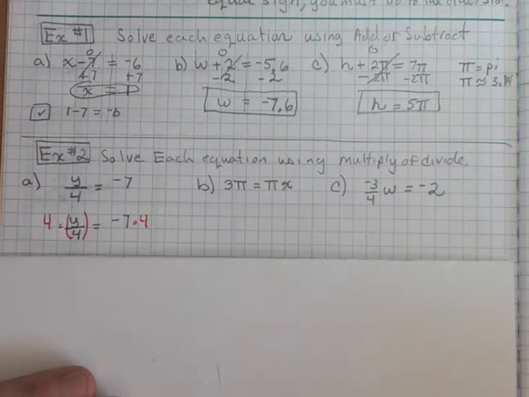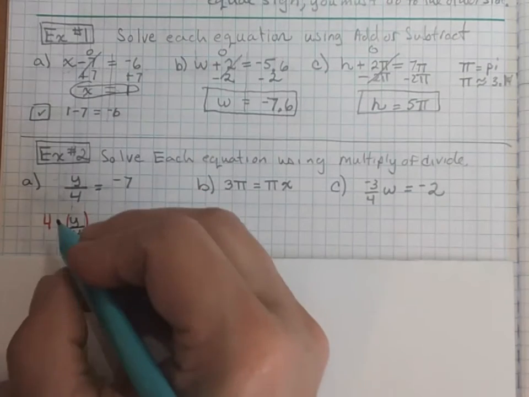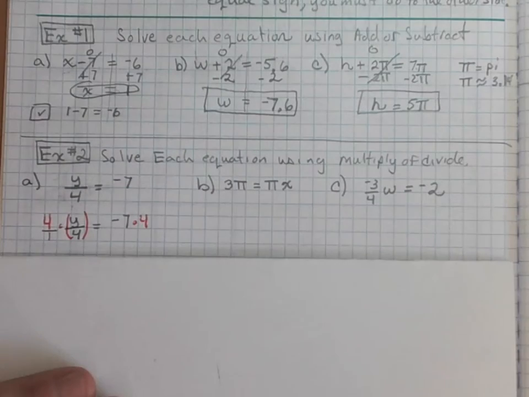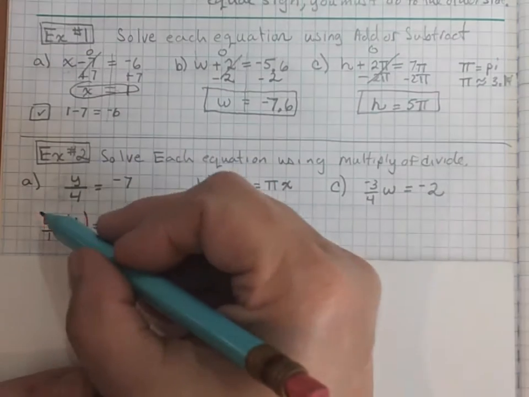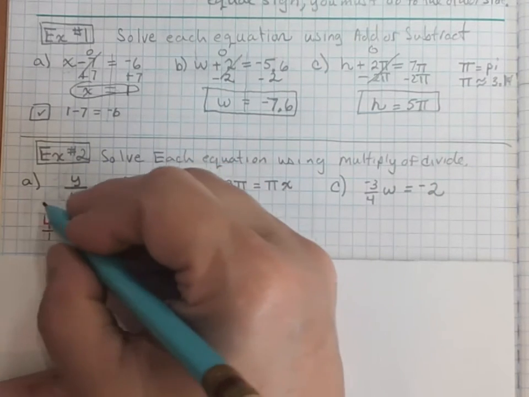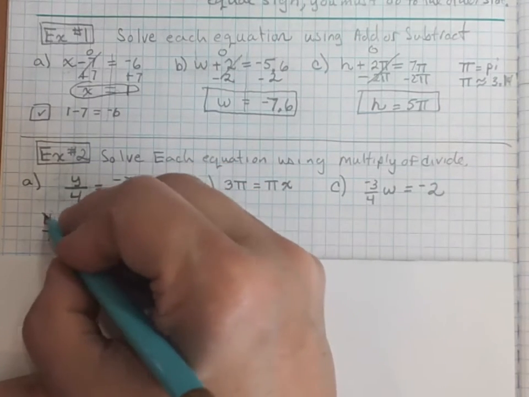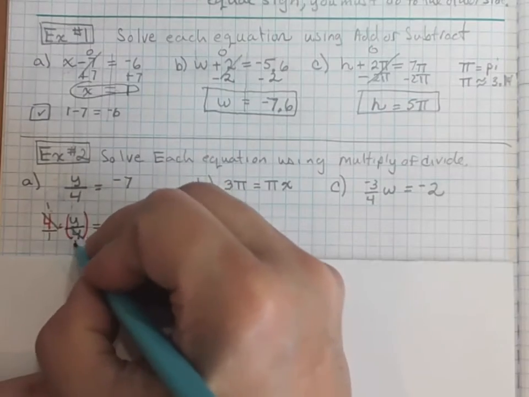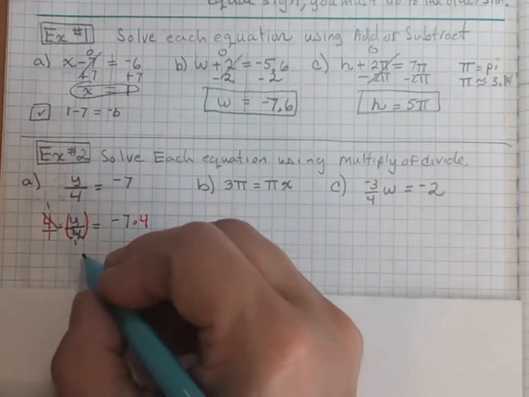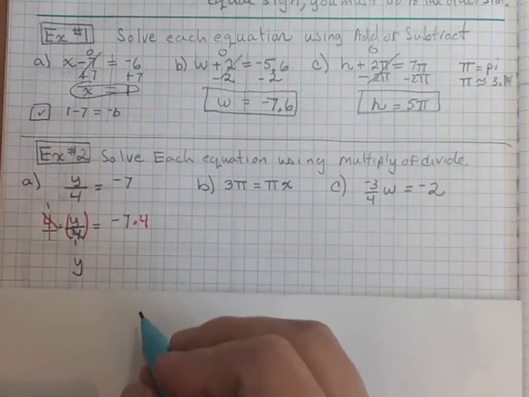Multiply by 4, balance. All right, now remember that the number 4 is the same thing as 4 over 1. Any whole number is made into a fraction by putting it over the number 1. So the 4 in the numerator and the 4 in the denominator divide each other. 4 divided by 4, so we get 1s. All right, and that leaves us with y over 1, which simplifies to just y.